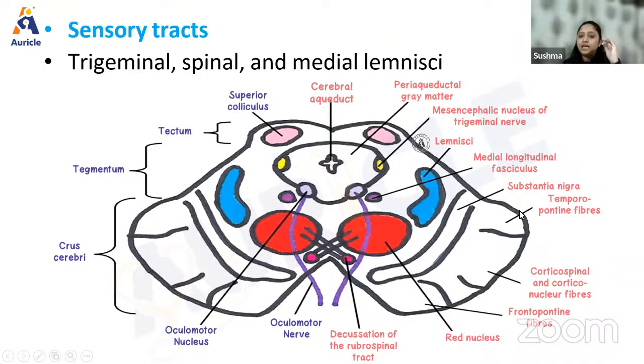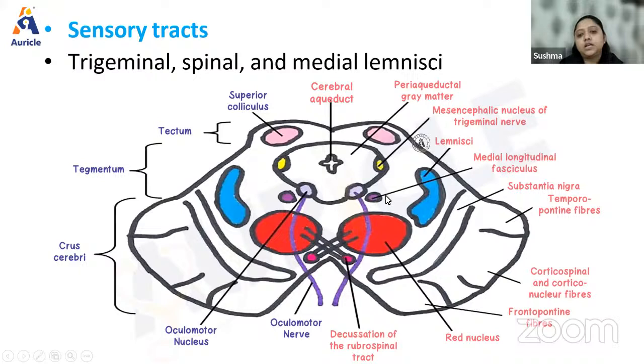Okay. While you are making this diagram also, apply the logic, guys. At the level of superior colliculus, first, what I see is the superior colliculus. Then I see the cerebral aqueduct. Even if you don't remember the cerebral aqueduct, let it be. First, write the superior colliculus, then write the oculomotor nerve. This you obviously remember.